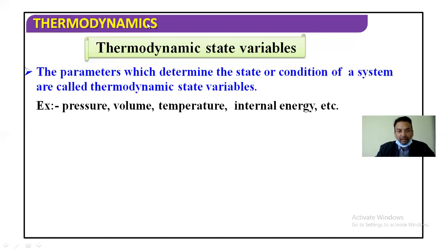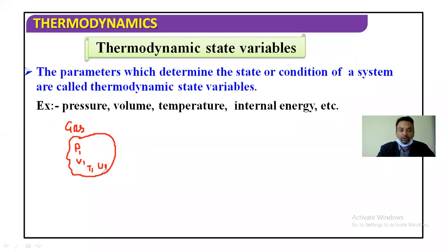Let me explain it in more detail. Suppose we have a system, and in that system we have some gas. It is filled with a gas, and suppose the pressure of the gas is P1, the volume is V1, the temperature is T1, and the internal energy is U1.